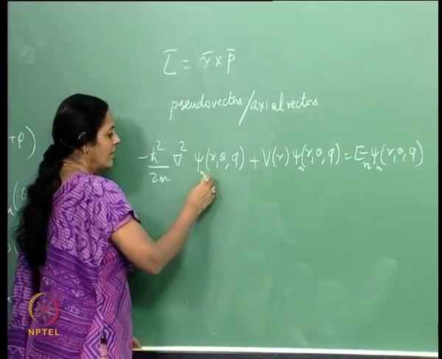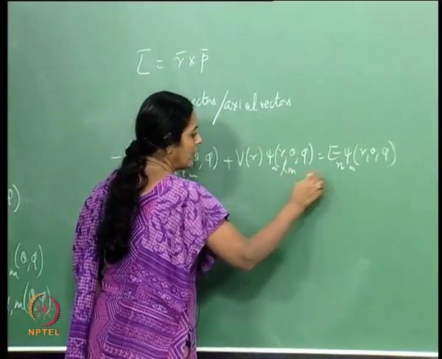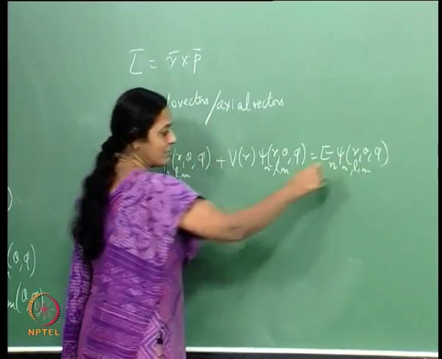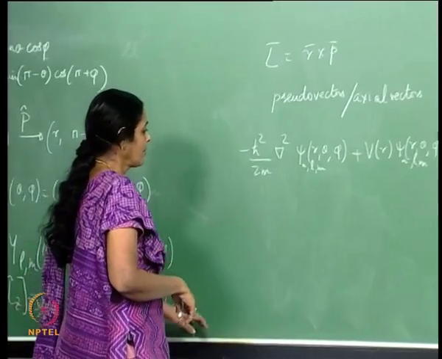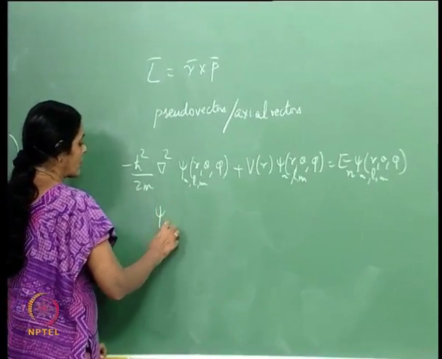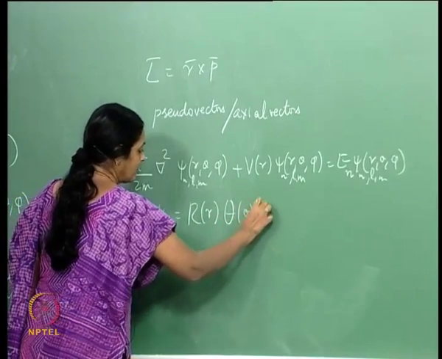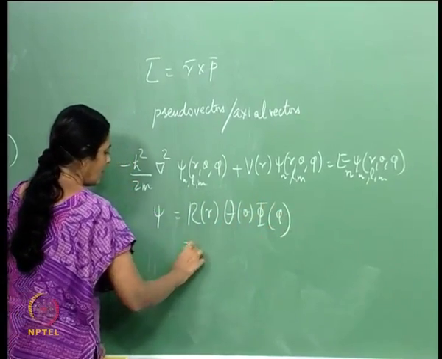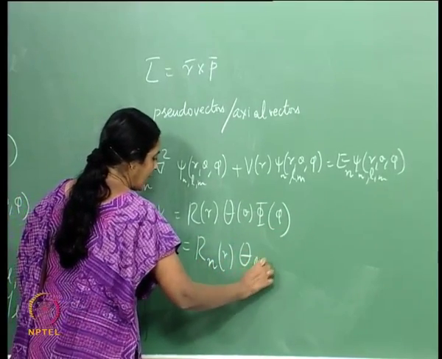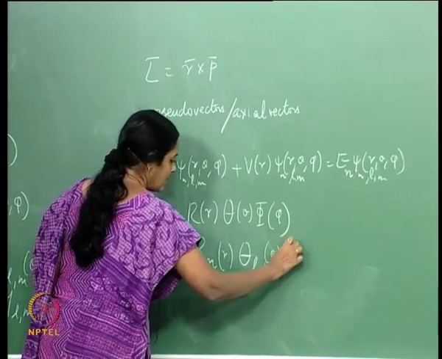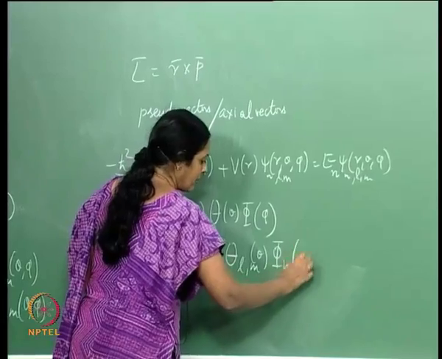Not just psi n, you would have psi n L m, because already we have the angular part of the wave function providing us with two quantum numbers L and m. And if I wrote psi as R of r, Theta of theta, Phi of phi, in fact it would be R_nL of r, Theta_Lm of theta, Phi_m of phi.